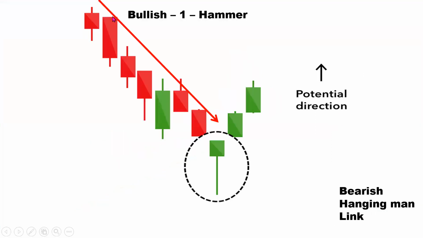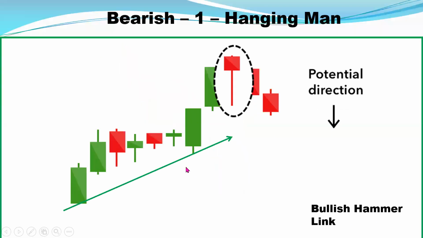See the bullish case: the market was going down, a small green doji candle has been formed. Body is small, the wicks are long, and then the next day a green candle was formed. This becomes my base. So drop, base, rally, and the market is going up. Similarly, rally, base, and drop, and the market is going down.